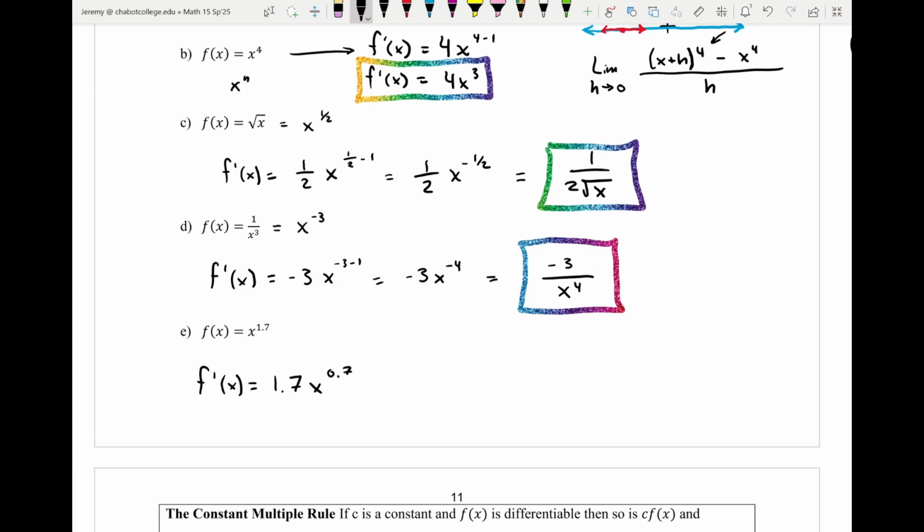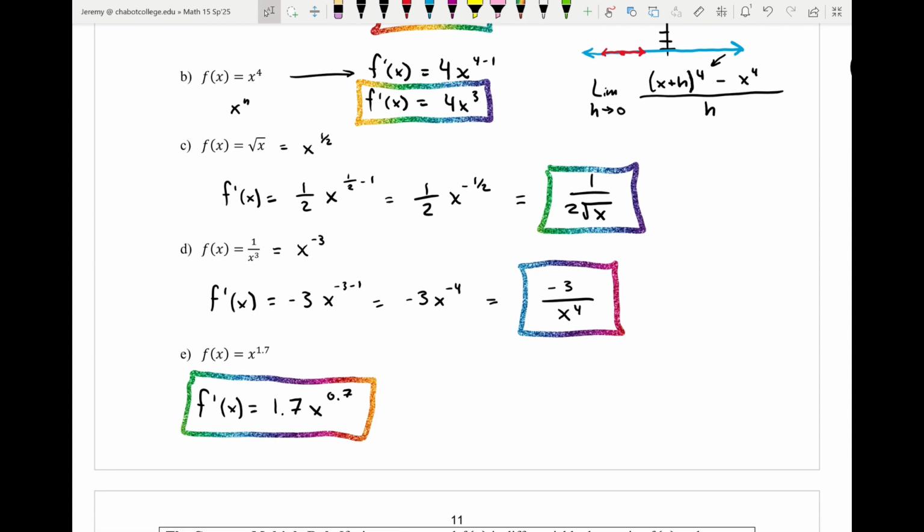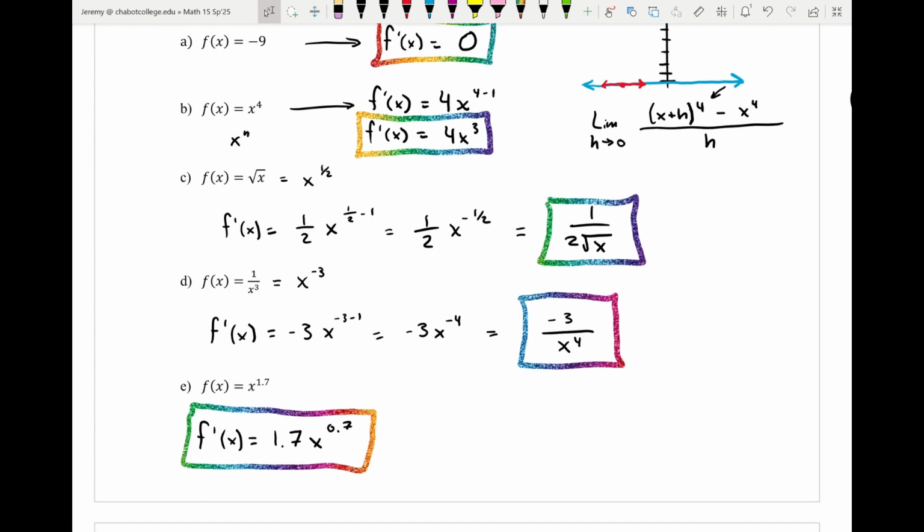I'll just do it all in one step there, right? Bring down the old exponent, subtract 1 from the old exponent to get the new exponent. There's our answer. Okay, so this power rule can be applied in a whole bunch of different situations, and it can save us a whole lot of time.